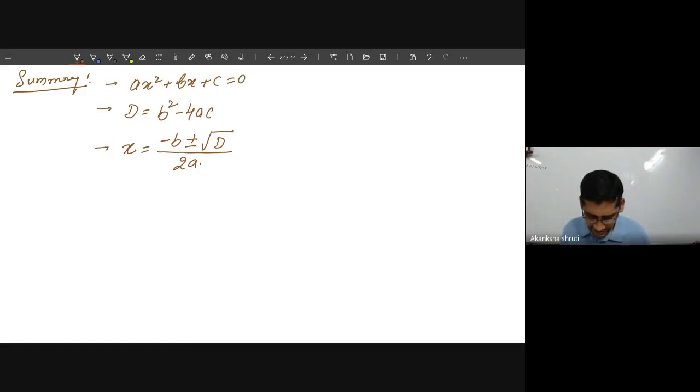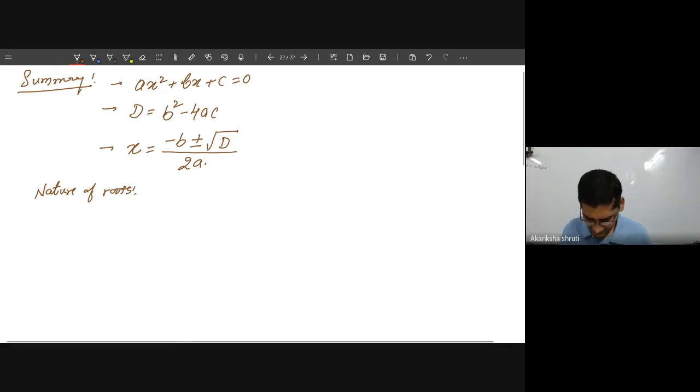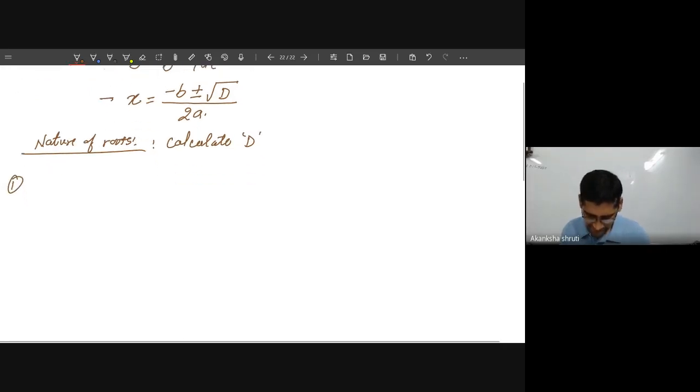Now this D decides the nature of the roots. So for that, what will we do? Calculate D first. Let me list down the possibilities.